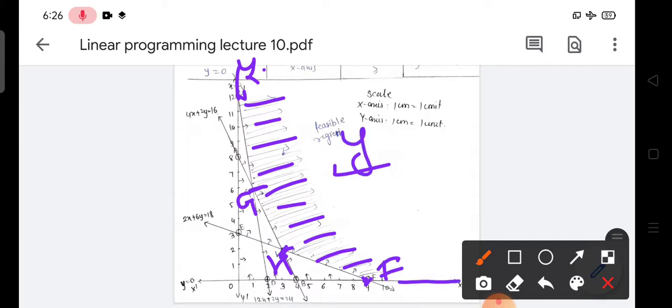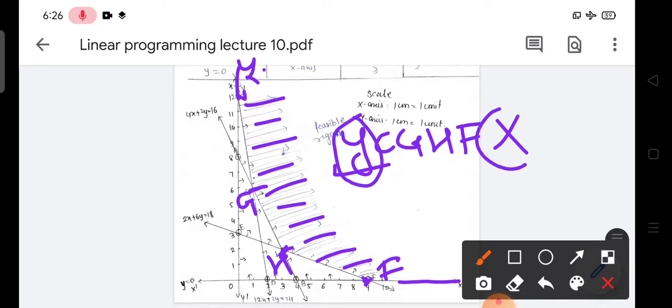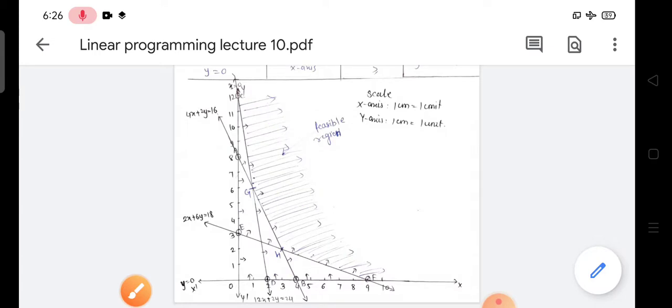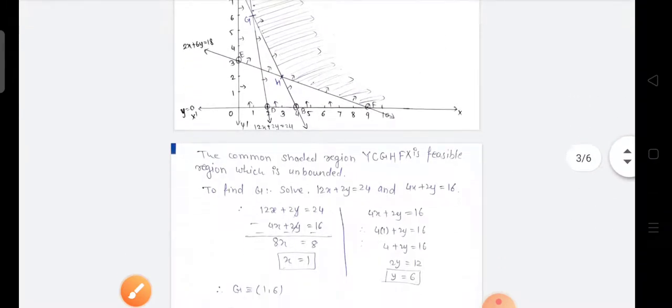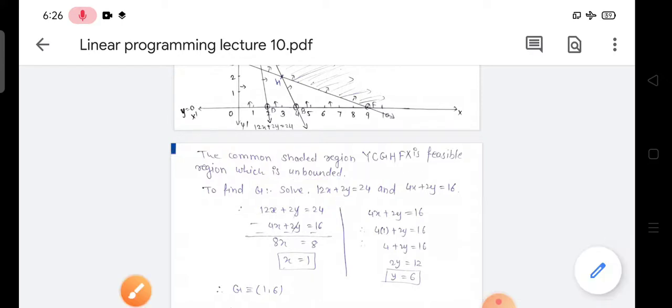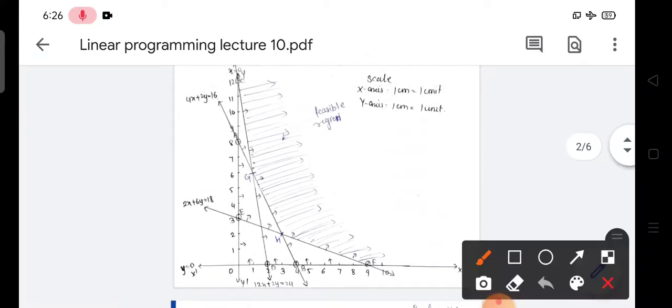So Y, C, G, H, F, X. If the starting and ending points are different, then this feasible region is unbounded. It continues along the x-axis and y-axis. So the common shaded region YCGHFX is a feasible region which is unbounded. Done. Now we'll find G and H, because we know the C point and F point.